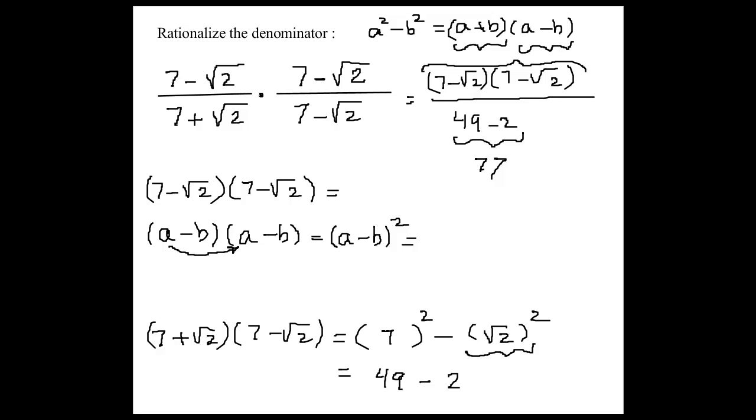If I use the FOIL method, I get a squared here minus ab plus b squared, and these middle terms add up to minus 2ab. So can somebody tell me the formula now?